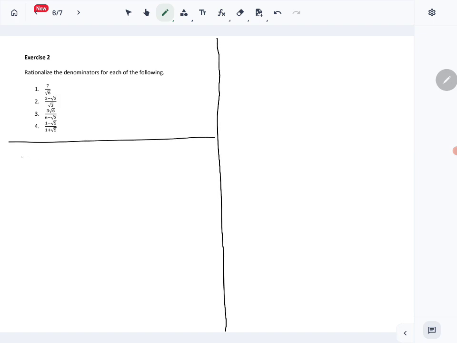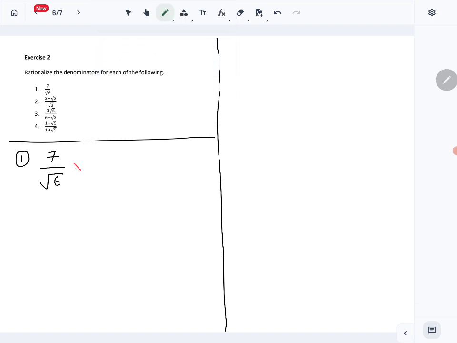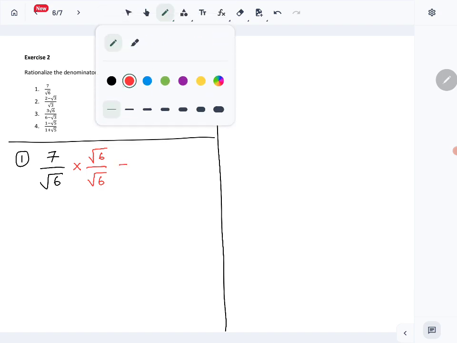Right. The first type is the easiest type. So you have a number like this where the denominator is made up of just a surd. Then the method is multiply both the numerator and the denominator by the denominator surd. Then what happens?